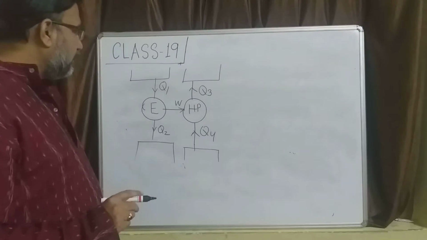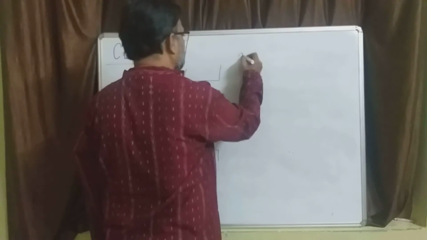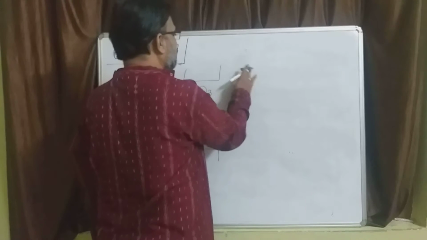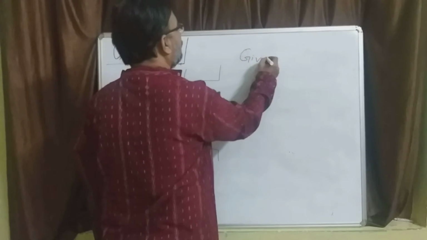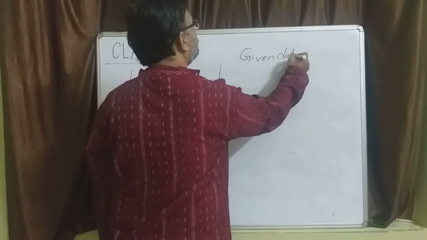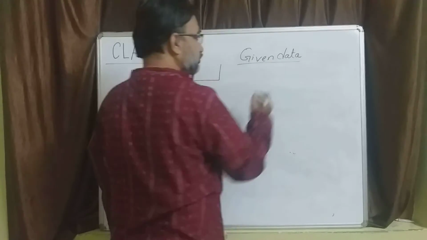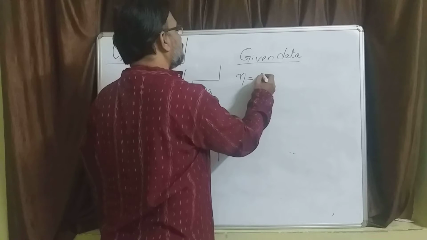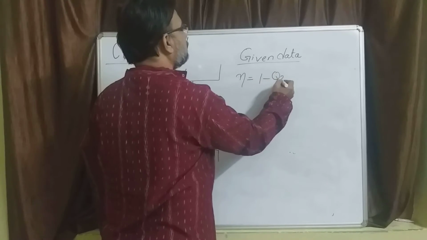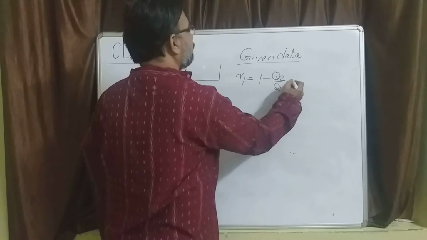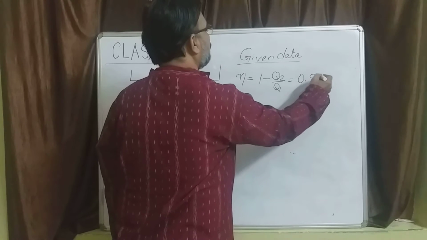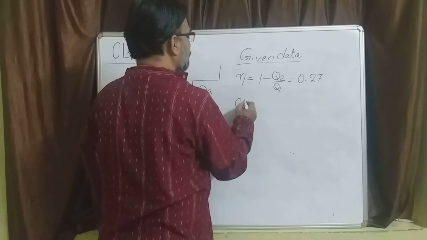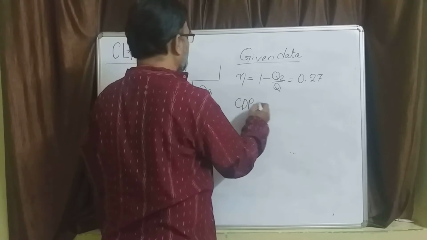Now what is the efficiency of the engine? What are the given data? Not much data are given here, only the efficiency of the engine, that means 1 minus Q2 by Q1 is given, that is 0.27, and the COP of the heat pump. What is the COP of the heat pump?